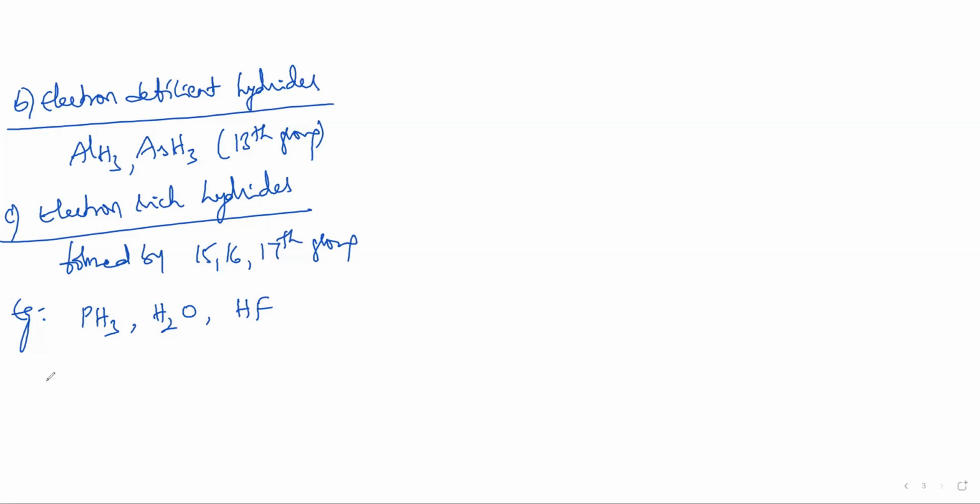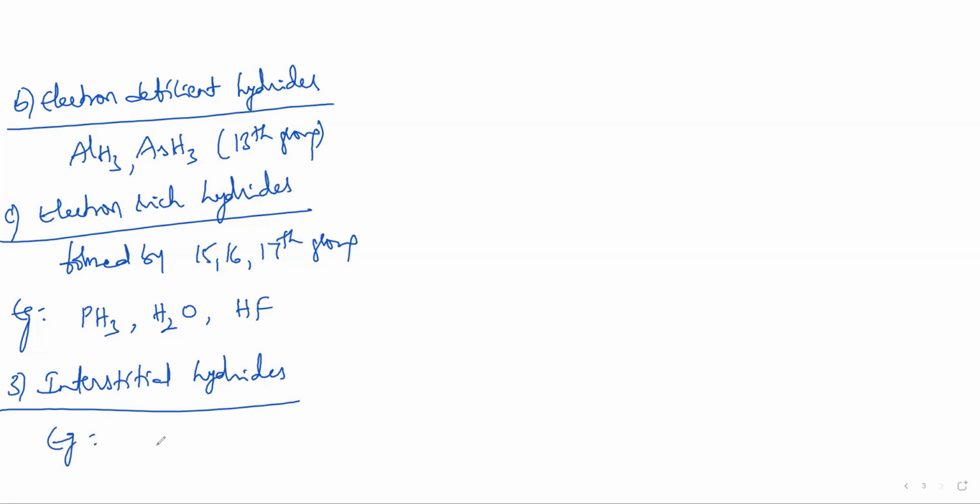Third type, interstitial hydrides. Example, titanium hydride, TiH1.73. These are non-stoichiometric hydrides. So this is about hydrogen.